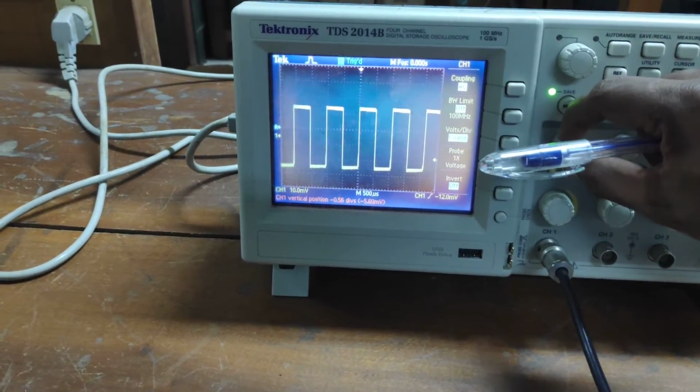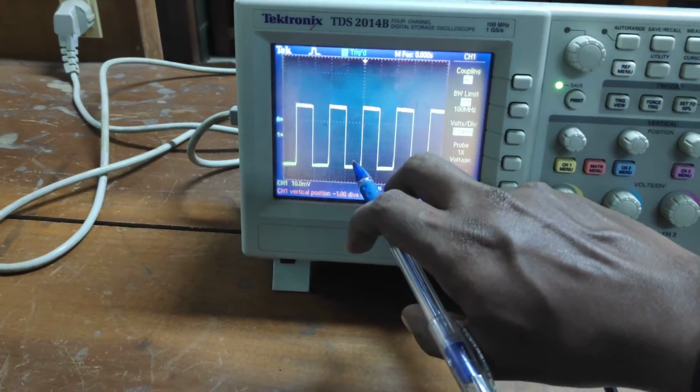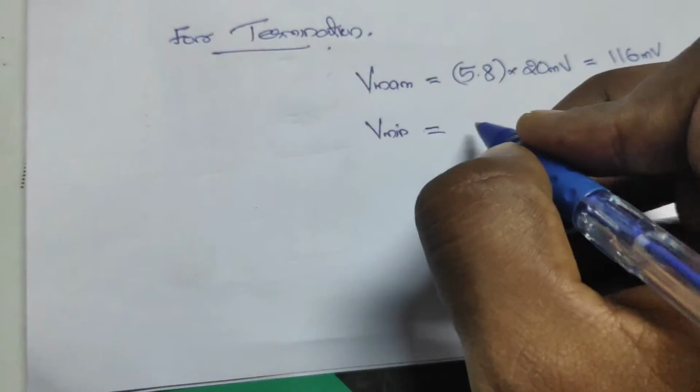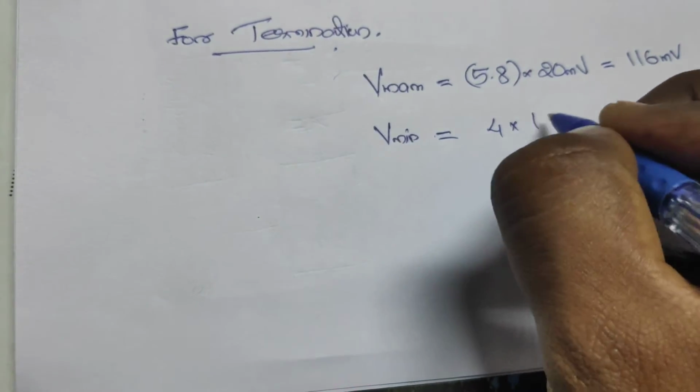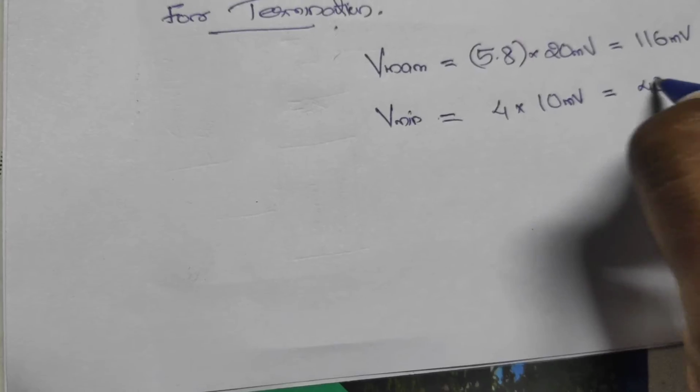We can observe that value as now the division is in 10 milliwatts, and it is 1, 2, 3, exactly 4 divisions. So we'll get 4 into 10 milliwatts, which implies it is 40 milliwatt.